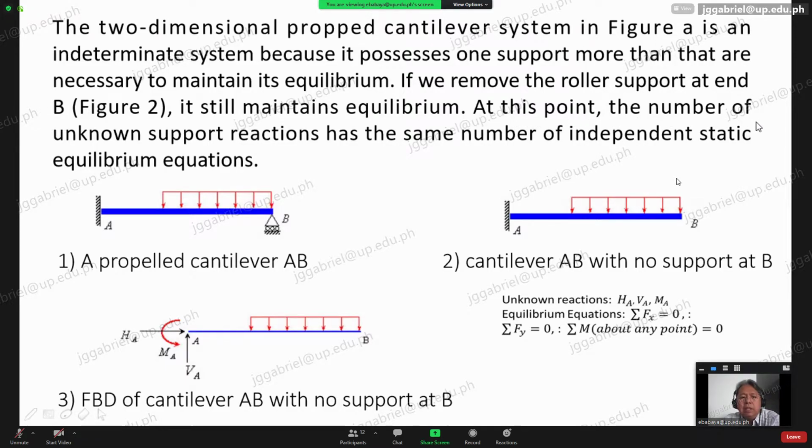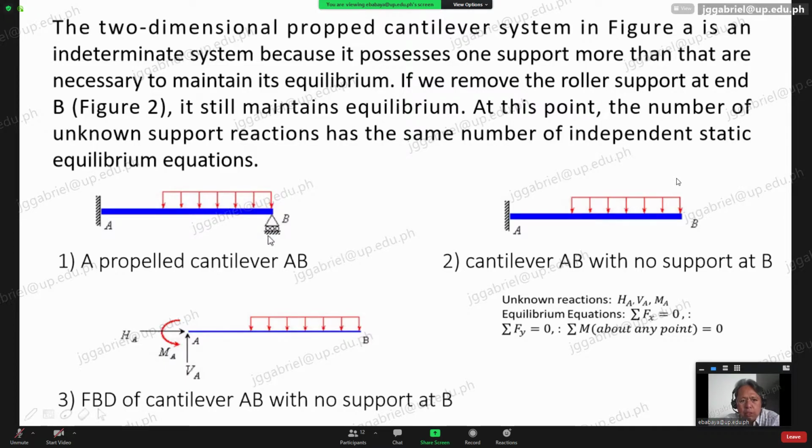At this point, the number of unknown support reactions equals the number of independent static equilibrium equations. So this is a propped cantilever AB. It's cantilevered here, a fixed support, and then you have a roller.